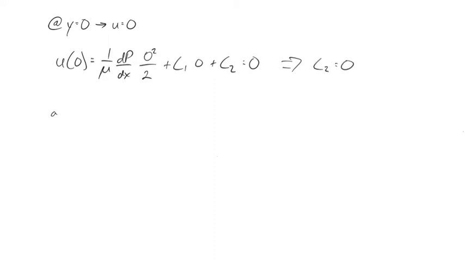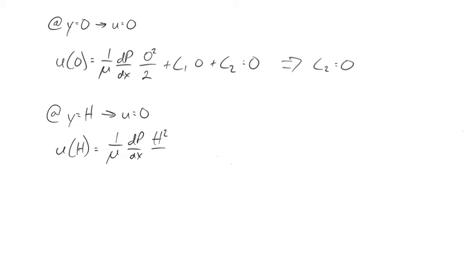For our second boundary condition, at y equal to h, the velocity is also equal to 0. So we have u at y equal to h: 1 over mu times dp dx times h squared over 2 plus c1 times h plus c2, and c2 is equal to 0, and that all equals 0.